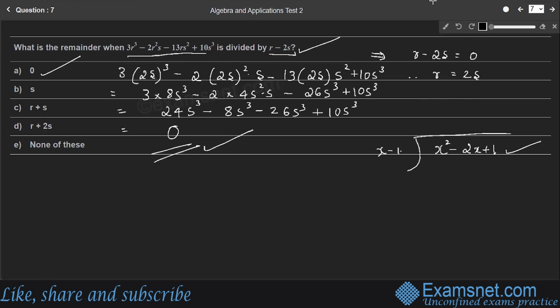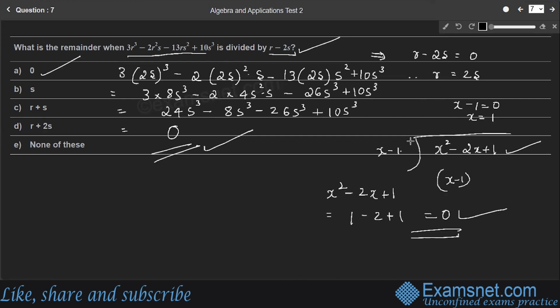Since x minus 1 is 0, the value of x is equal to 1, so the expression becomes 1 minus 2 plus 1, which is 0. Therefore, you will get 0 as the remainder, as the given expression can be written as x minus 1 into x minus 1.